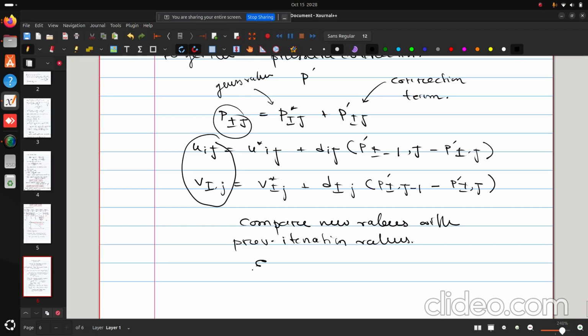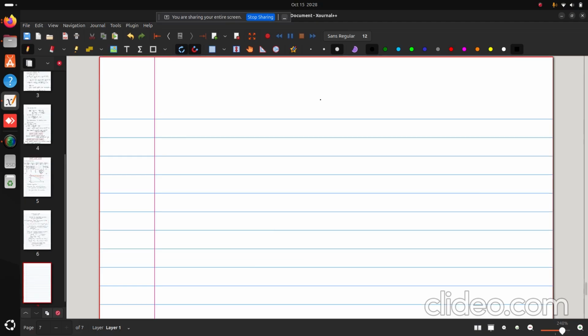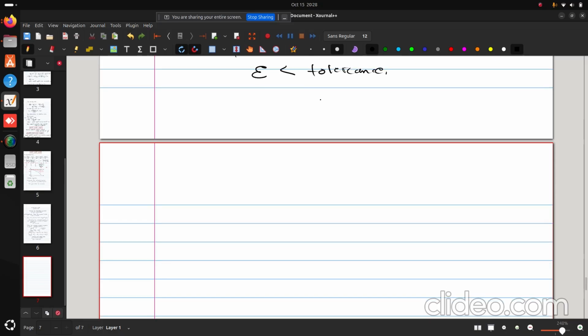Then, if the error comes out to be less than the tolerance, which we might give depending on the problem, how accurate we need, so for example 5 decimal places, 6 decimal places, or 8 decimal places.